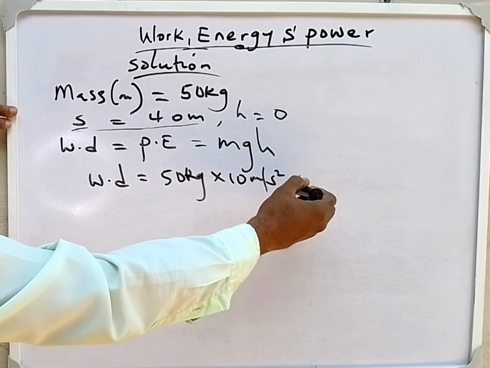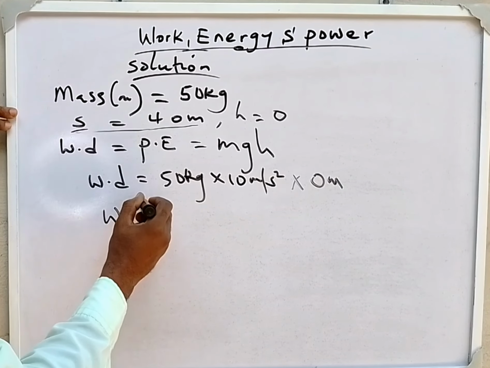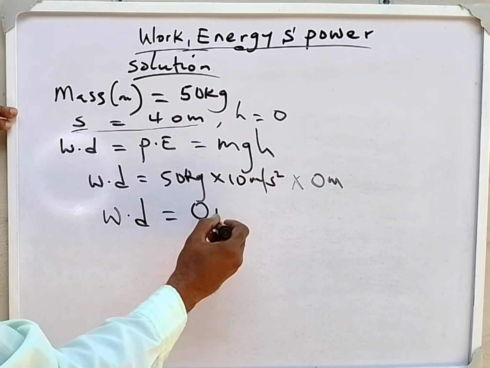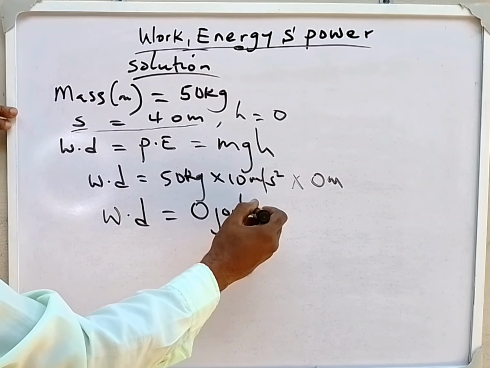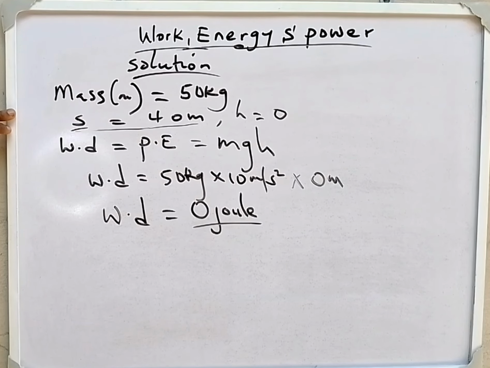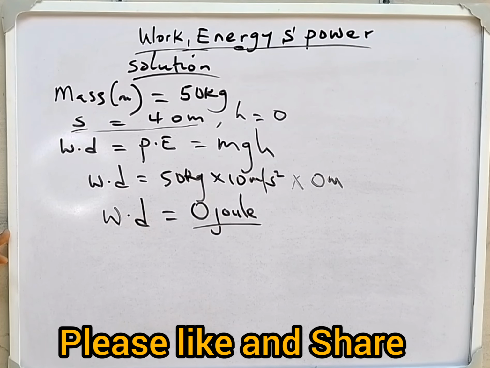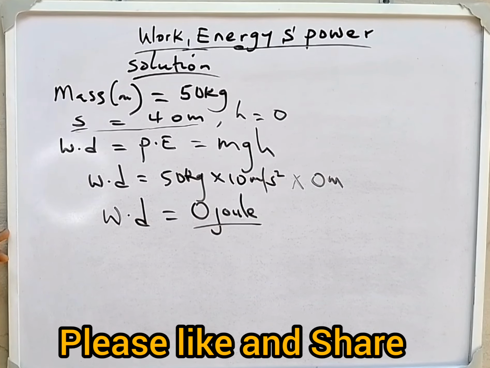So if we put 0 meters here, it means that work done by gravity is automatically 0 joules. So no work is done by gravity in this case. For work to be done by gravity, the object is either being lifted up or is falling from a given height. So we'll go to the next question.